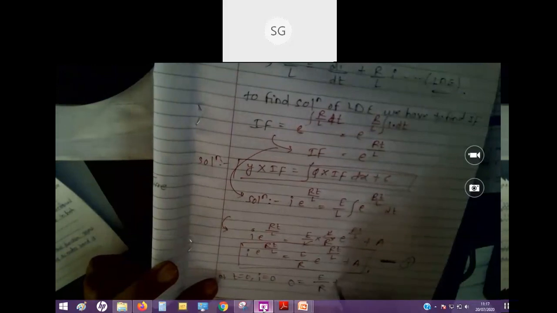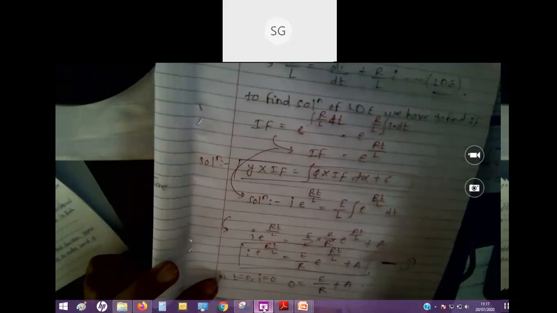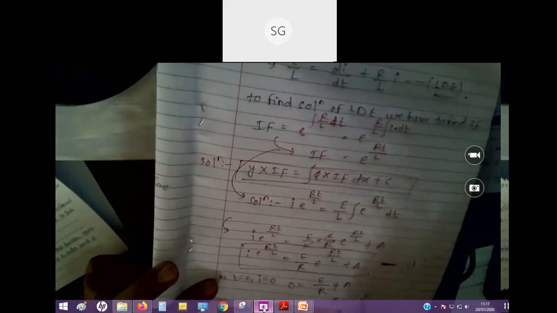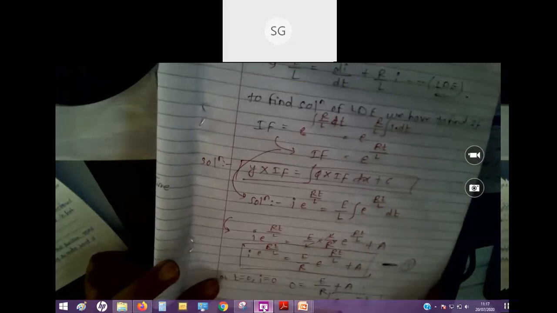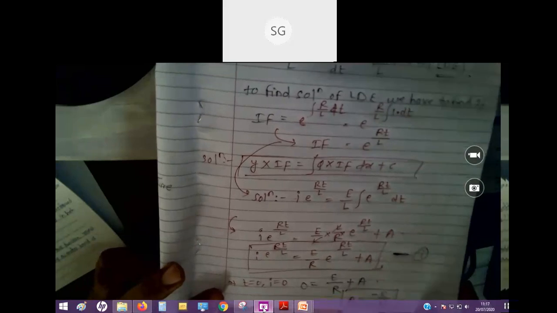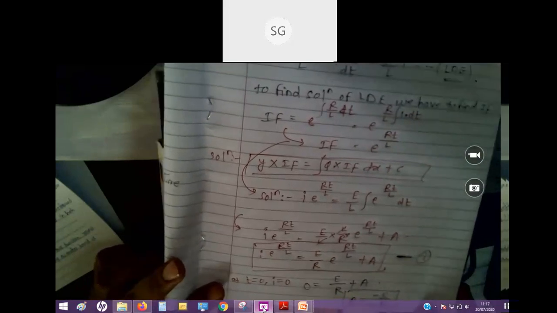So a's value is minus e upon r, and we have to put this in equation 1.